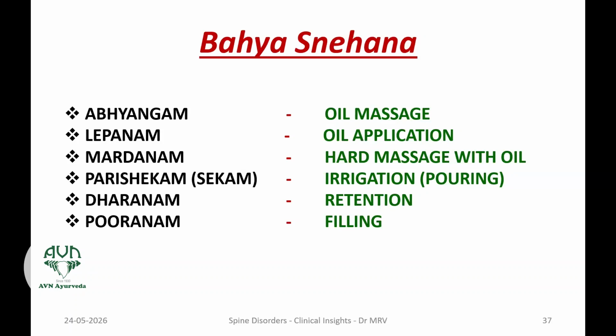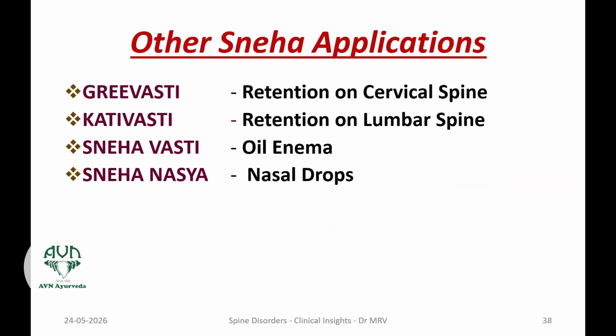All those Thailas are used for these treatments, so that wherever degeneration is there, it can be arrested by giving more nutrition to the ligaments and disc. That way definitely some level of degeneration can be arrested. Then comes the next, Griva Vasti, retention of oil on the cervical area, Adi Vasti, Sneha Vasti.